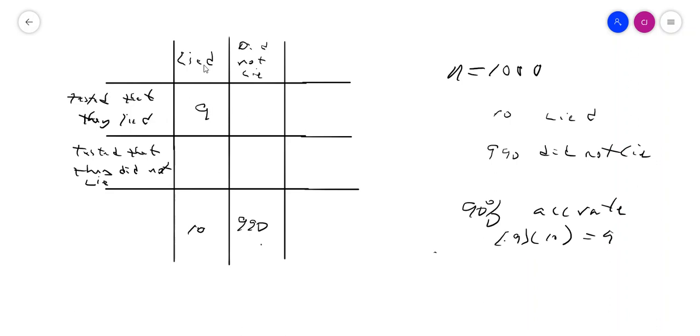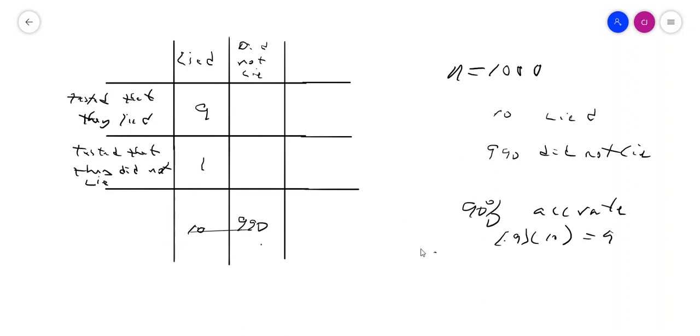So in other words, they lied and it tested that they lied. So out of these 10, right, it got 9 of them right. Out of the 10s that lied, did not. Well, how many does that leave left? 1, right? So one person lied, but they didn't get caught on the machine, right?